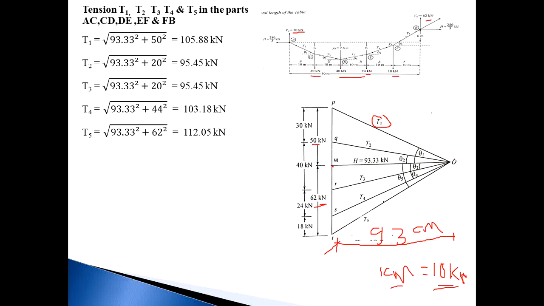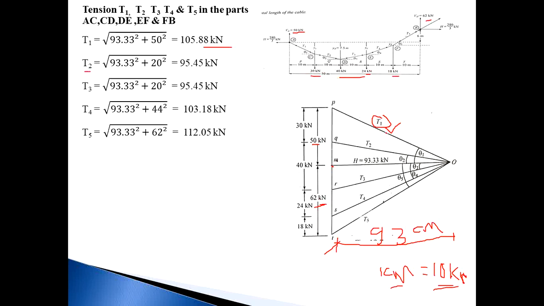I want to find OP, and OP is T1. So by using Pythagoras theorem, T1 is the square root of the adjacent side square plus the front side square, so 93.33 square plus 50 square. So T1 becomes 105.88 kilonewton.